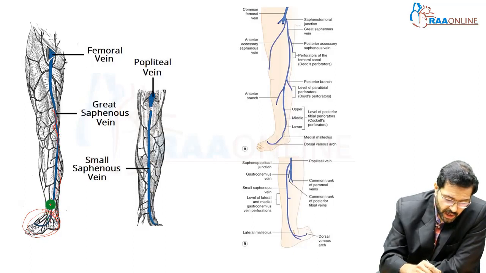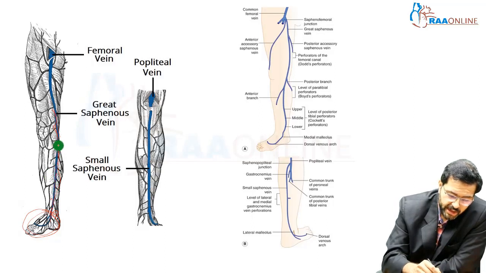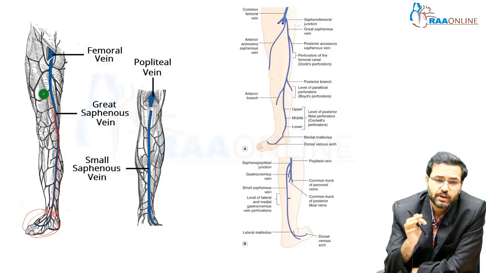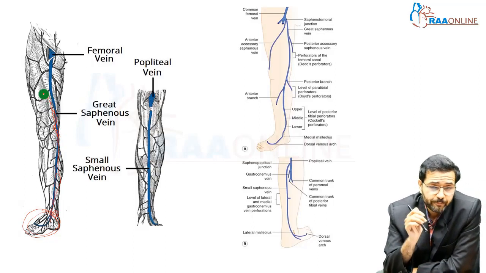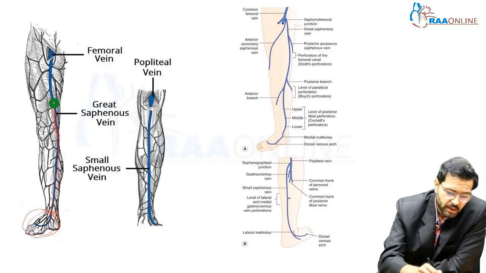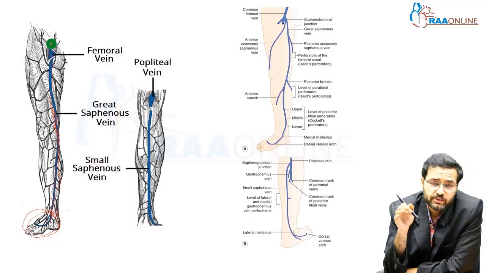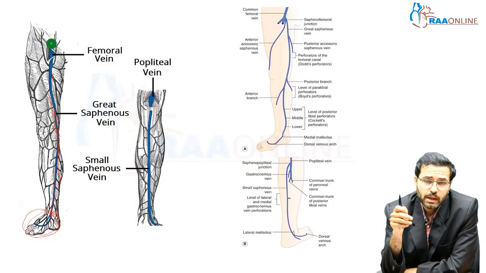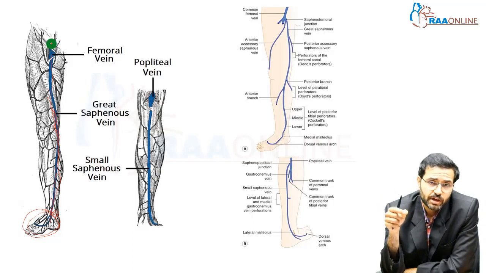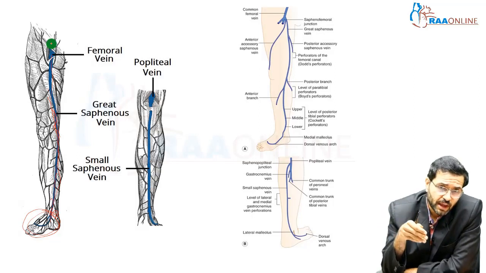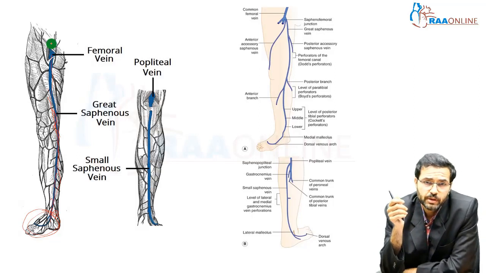It extends on the anteromedial aspect of the leg, goes posteriorly behind the knee joint, then again courses anteriorly onto the anteromedial aspect of the thigh, ascends up, and drains into the femoral vein by penetrating the deep fascia, or cribriform fascia as it's called.